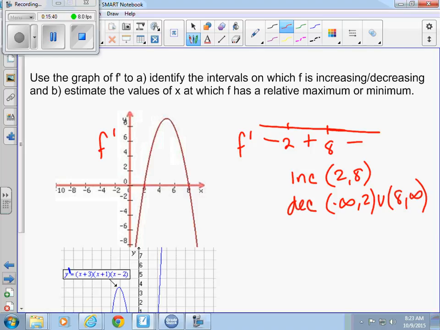Can you find y? No, I don't have f of x, so I can't find y. That's why it said only find x values. So I have a relative max. Where at? Good. And it might help you to draw this part. And what about a relative min?